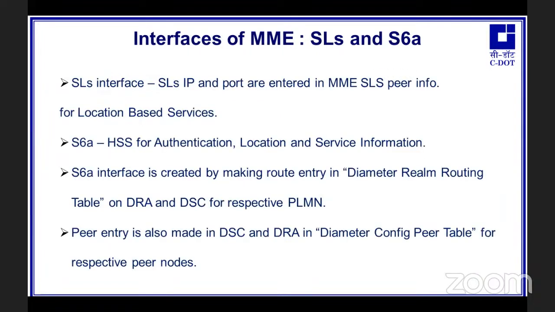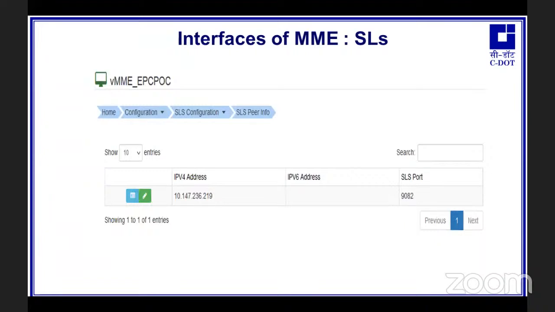So location-based service, we have mentioned already. SLS IP and port needs to be entered in SLS PR. In the next thing, it can be configured through the EMS which we are providing. So you can put the SLS server IP. I think this is ESMLC IP of the LBS server. So this thing needs to be configured in MME.